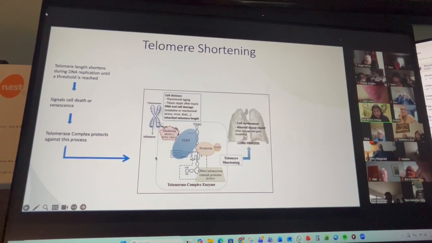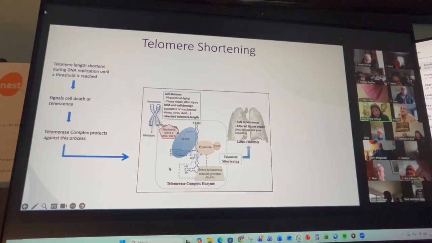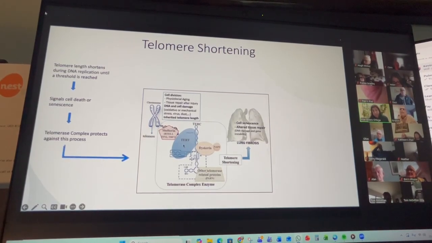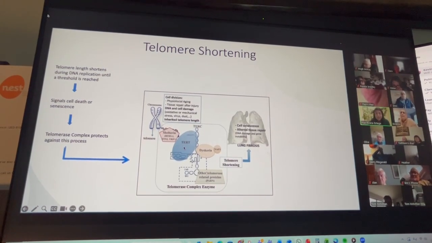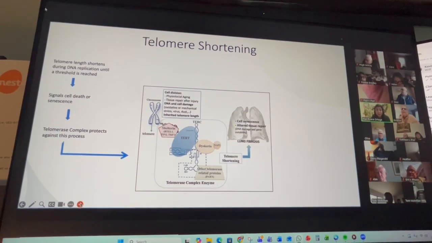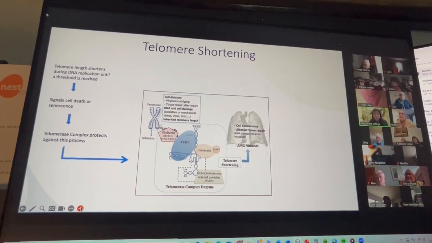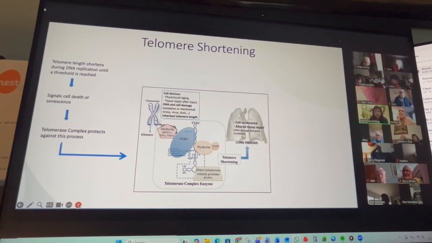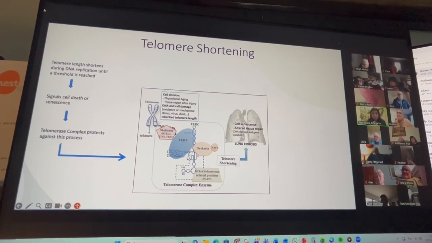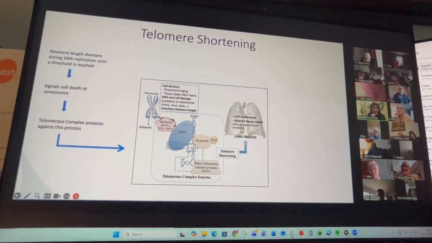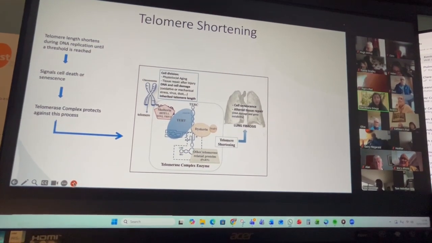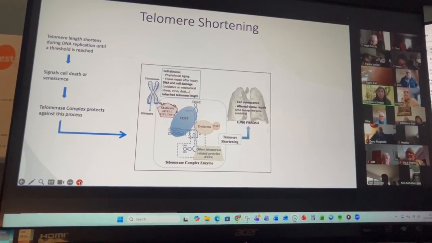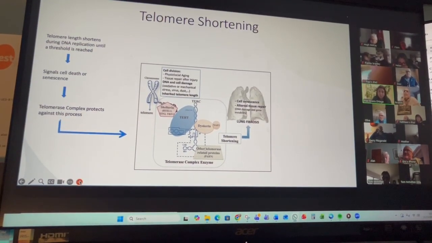And look, these are the components of the enzyme, that is why the genes have these names. This enzyme tries to avoid this process, to tell the cell, no, don't auto-destroy yourself. I will repair this part that is missing, and you will keep going because you're still very valuable.